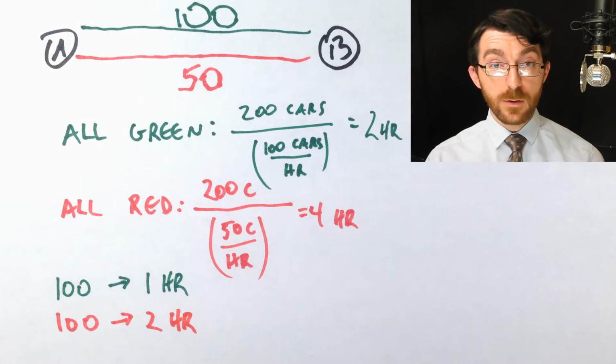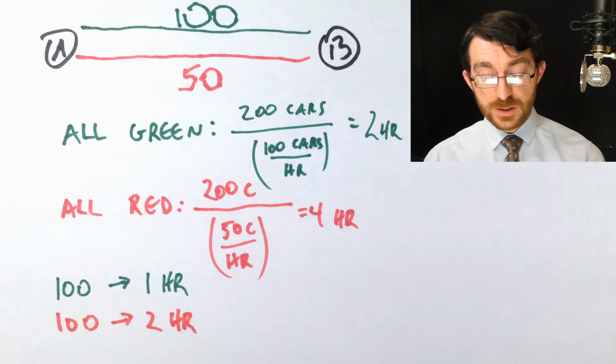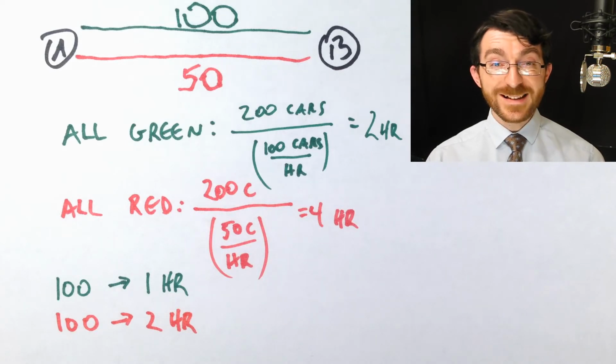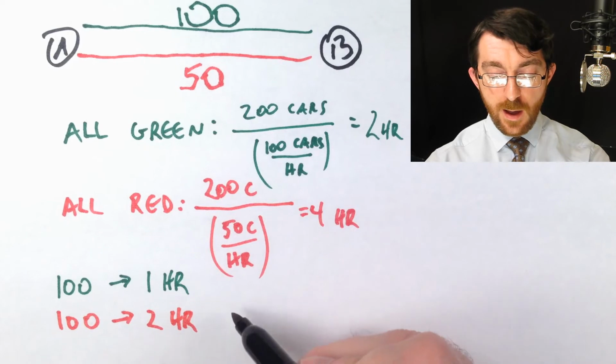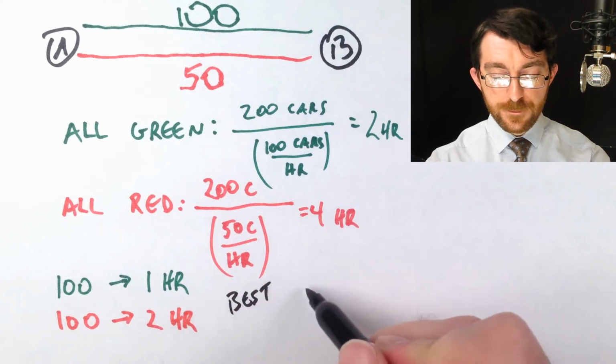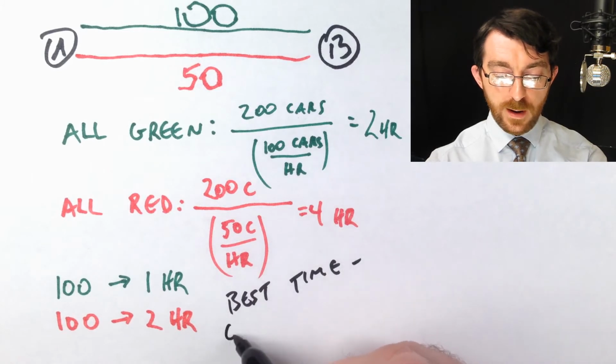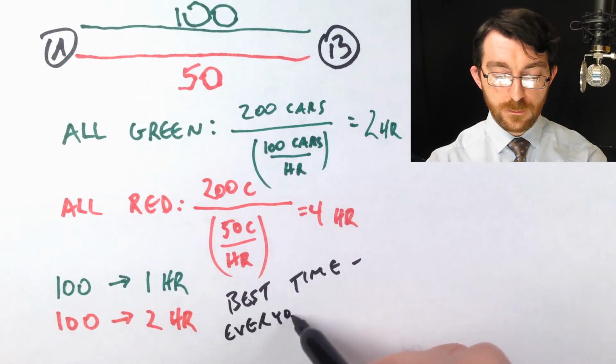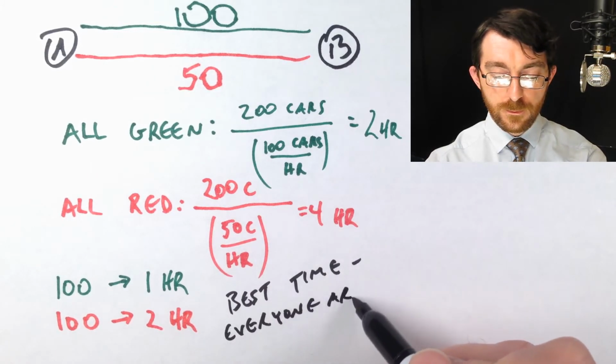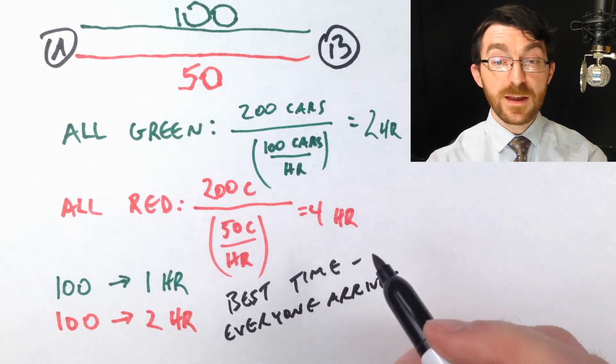Some of the green road drivers are just waiting at point B for the red road drivers to hurry up and finish. So the lesson that this teaches us is our best time is going to be when everyone arrives at the same time.